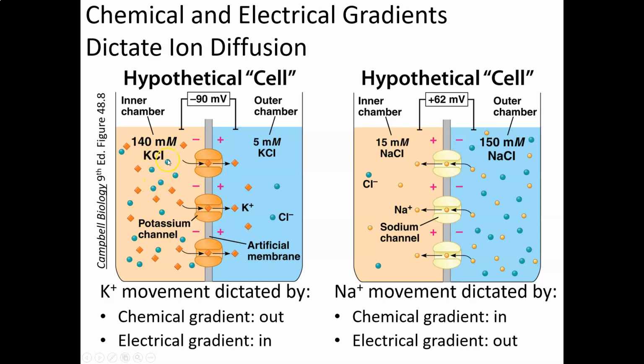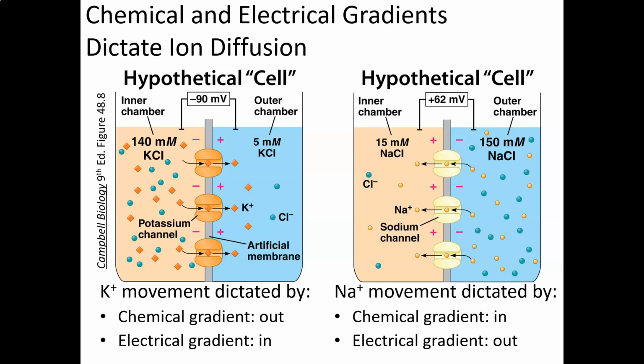Now, what happens on the inside is interesting. The potassium has a huge gradient in terms of the difference between the ion concentrations. And again, just to look at 140 millimolars, that's 0.14 moles, which would be about 14% of Avogadro's number.